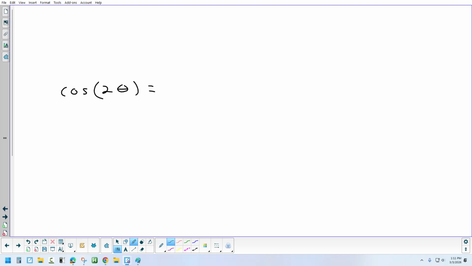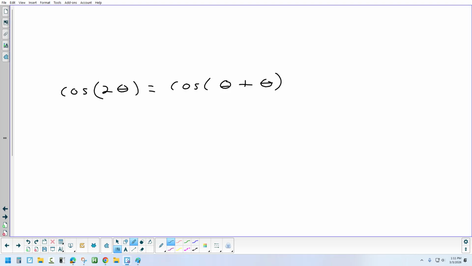How can we rewrite 2 theta? Yep. Cosine theta plus theta. Now we've converted it from a double angle into a cosine sum identity, which we have a formula for. Can anyone tell me what cosine of theta plus theta would turn into when you start to write it all out? You don't have to give me the final answer, just the first step towards the answer.